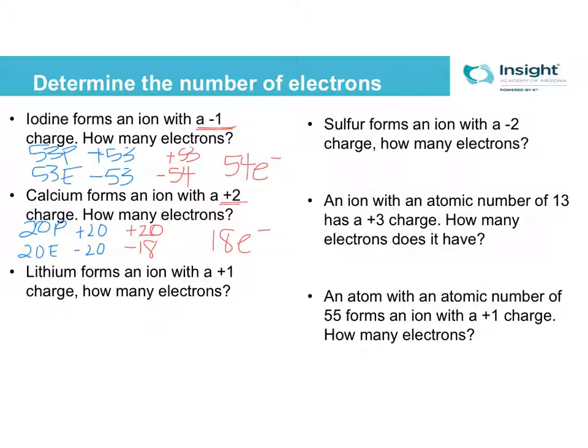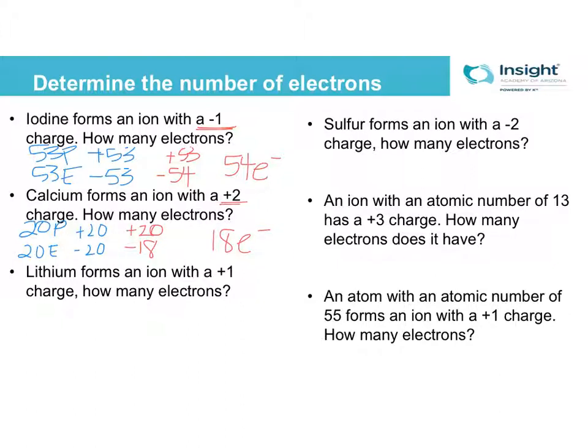So technically from here, I don't need to go figure out what element this is, but just so you know, because it gives you your atomic number, you can go to the periodic table, find 13, and know you have aluminum. All right? So if you're ever asked to determine what the element is and you're given an atomic number, just go hunt down the element with that atomic number, and that's what you have.